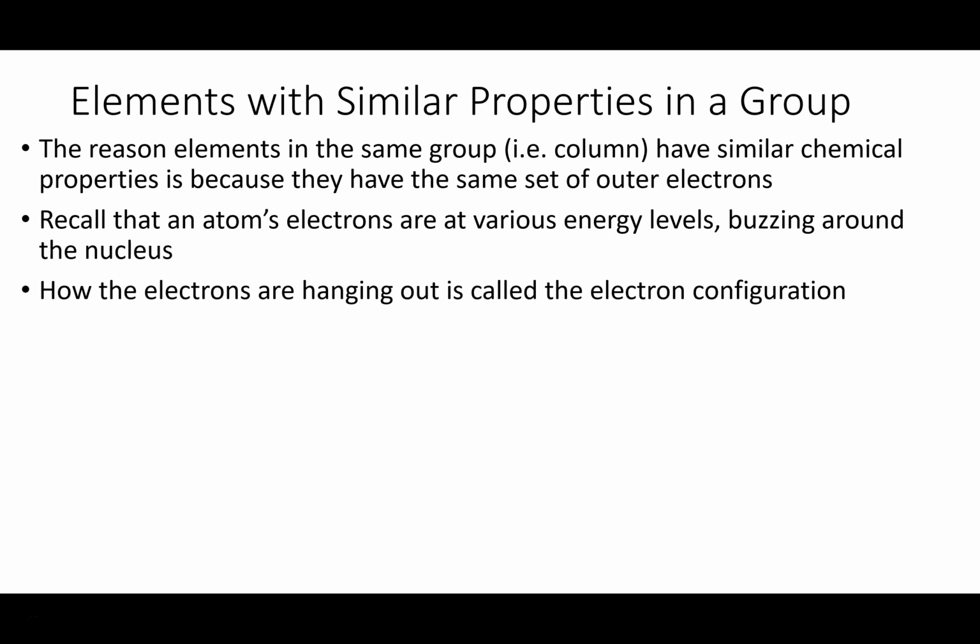So electrons, let's pick on carbon. If carbon is a neutral atom, how many protons does it have? It has 6. Yep. So let's make our little carbon atom.